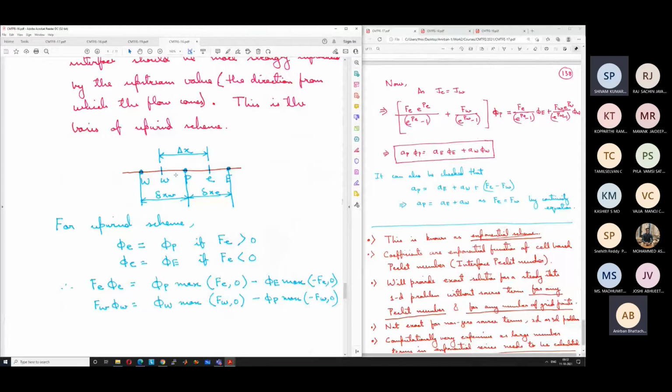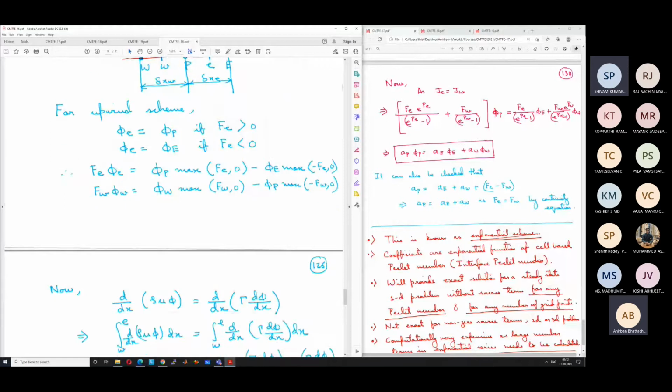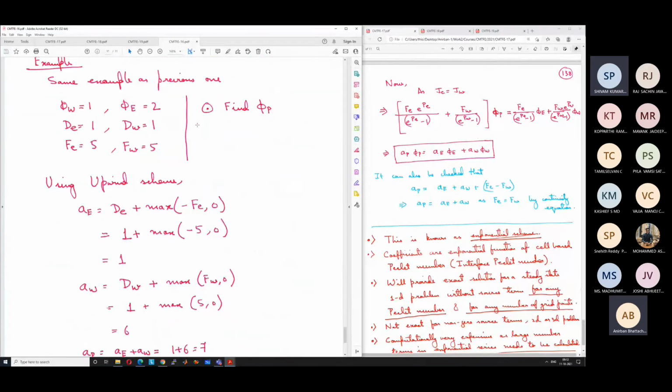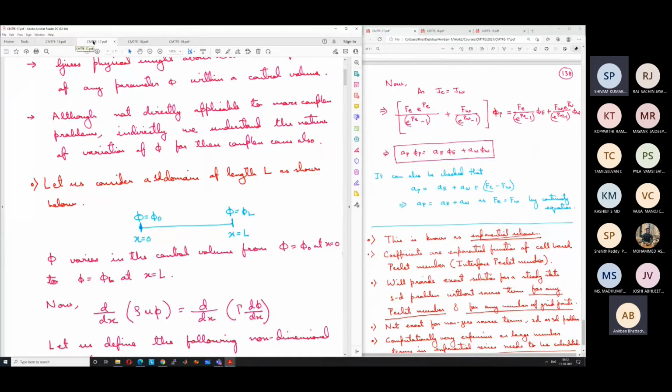So after that, what have we done? After that, we decided that instead of just arbitrarily trying to develop some scheme, let us try to understand the actual physics of the variation of a variable in a convective diffusive problem. And we took a simple convective diffusive problem for that.